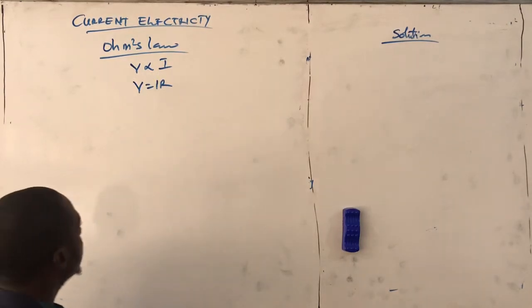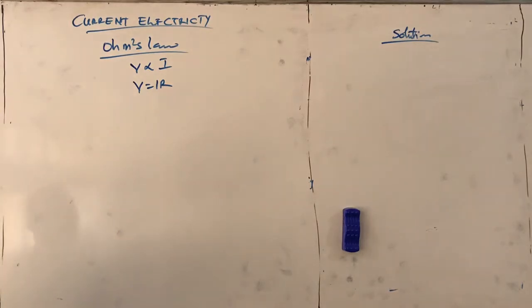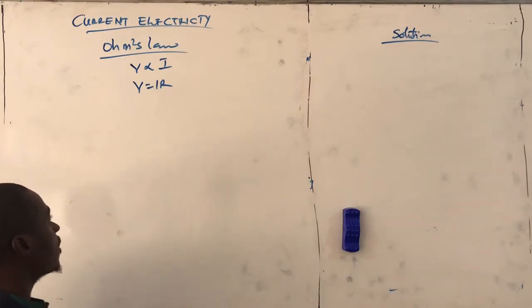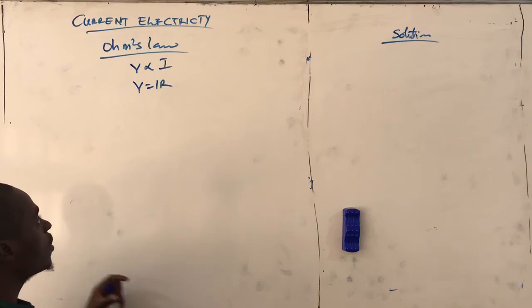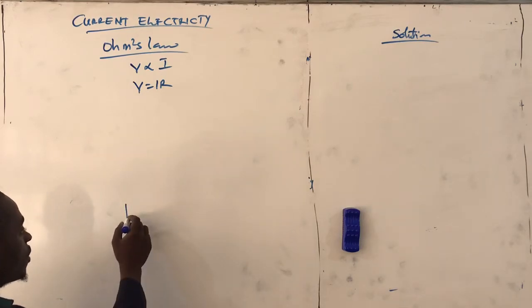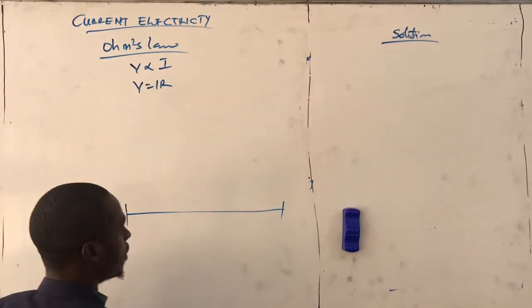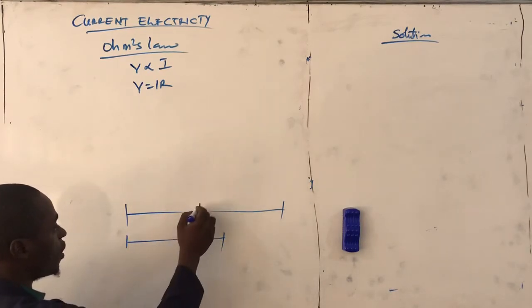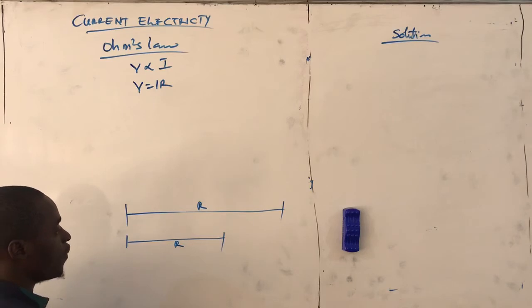So it means that it depends on the current and also depends on the resistance, and on how long the wire is. Let's say we have a connection from here to here, the same material, and we also have the same material of resistance here.